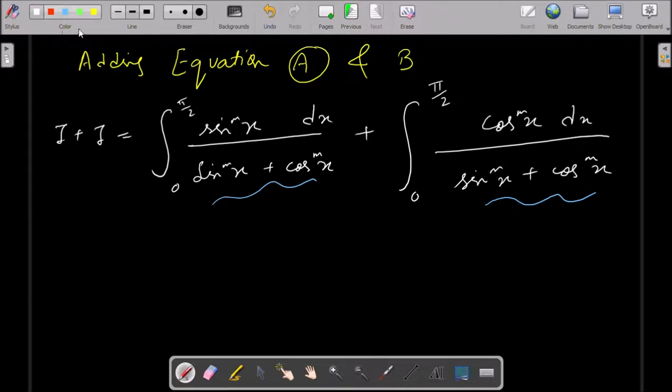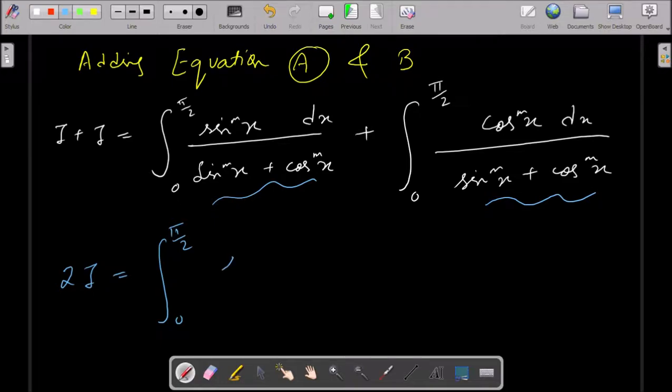So I plus I, same value, 2I equals integration from 0 to pi by 2. The limits are the same, so we add these integrals now.